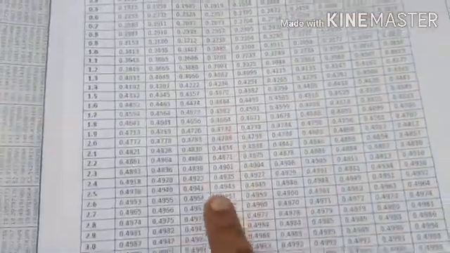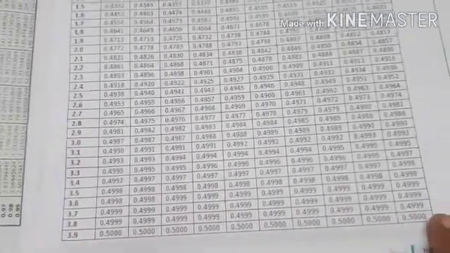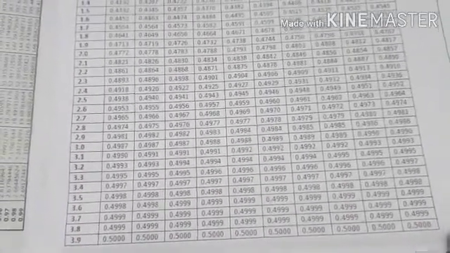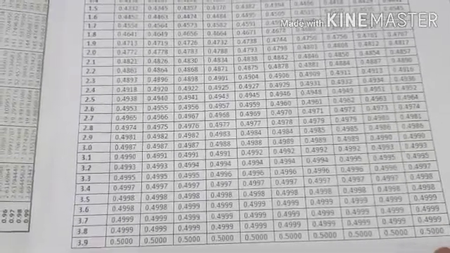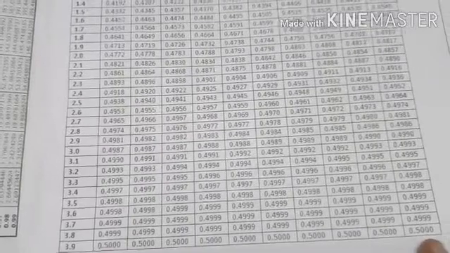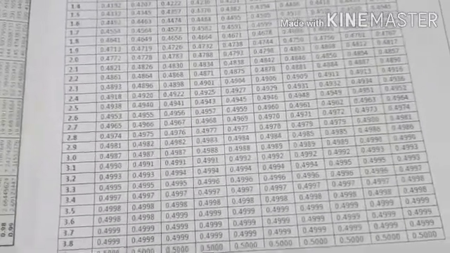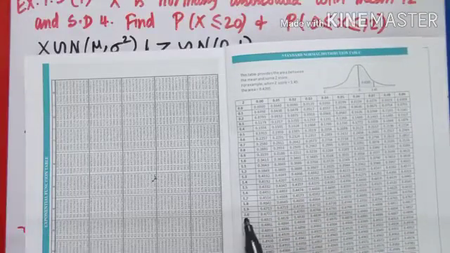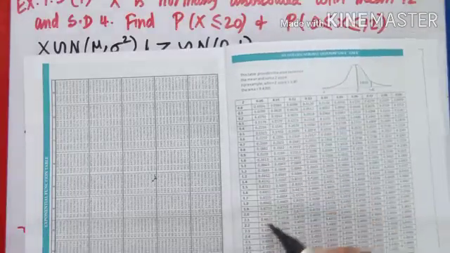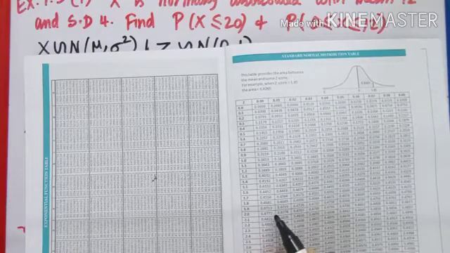Like this, you can see the table up to 3.99. Further, you are given 4, 5, all that. Any number beyond 3.99, answer is always 0.5 only. Now my question is 2. So under 2.0, under 0, this is my answer, 0.4772.